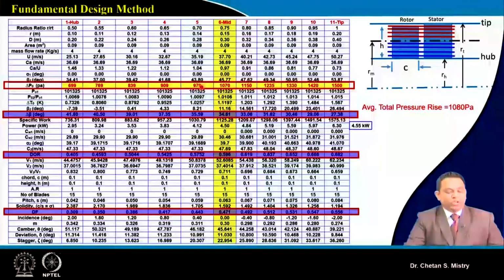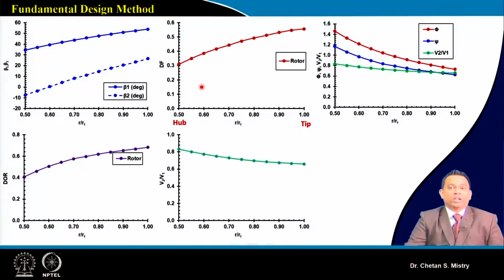Okay, now once we are putting all this together, that's what is giving me my variation of delta beta. Here, if you look at my beta 1 angle and compare to our free vortex, my delta beta at the hub is slightly lower, and at the tip it has increased.